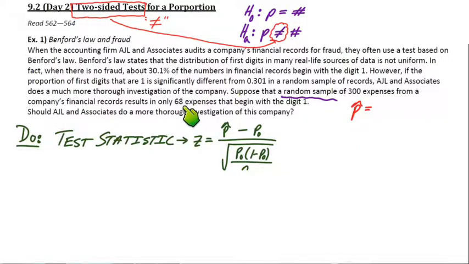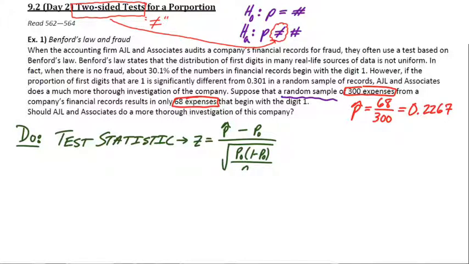If it was 68 out of 300 for the sample data, that's 0.2267. Seems like that sample data is pretty far from the null parameter, that 0.301 number. So we'll have to see. We might reject and say this company is definitely committing fraud.